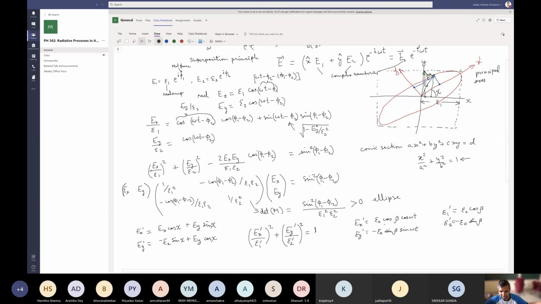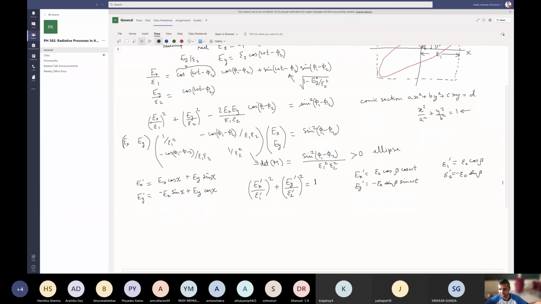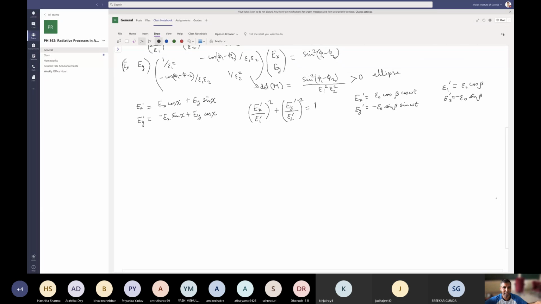this is Ex prime divided by epsilon naught cos beta, and this is Ey prime divided by minus epsilon naught sine beta. Okay, so you may have to actually think about this a little bit and work it out on your own, but my claim is you can always write this in this form. And this is a convention.